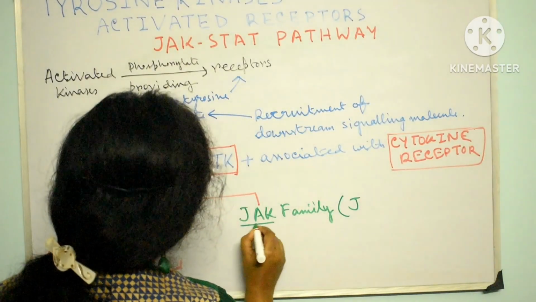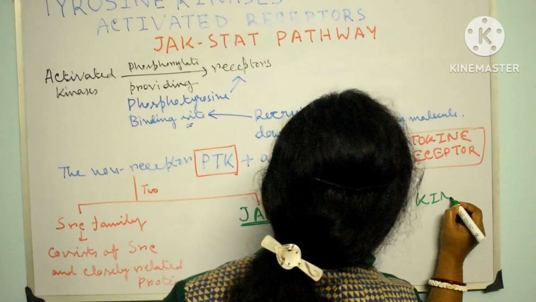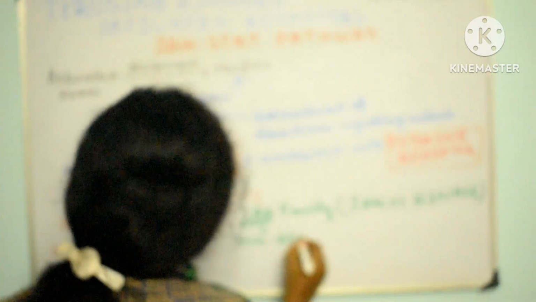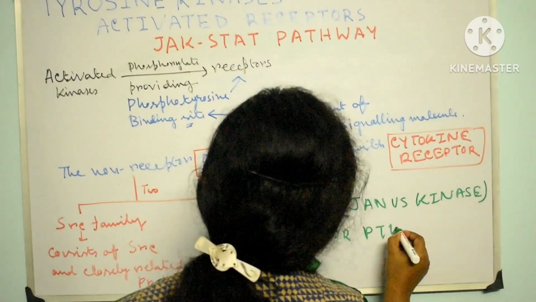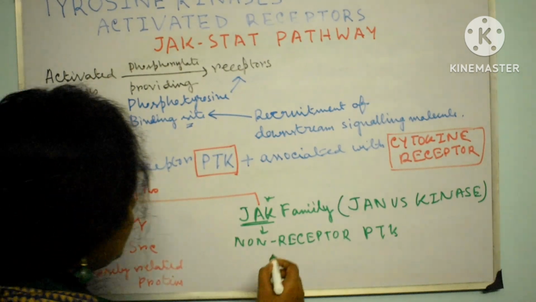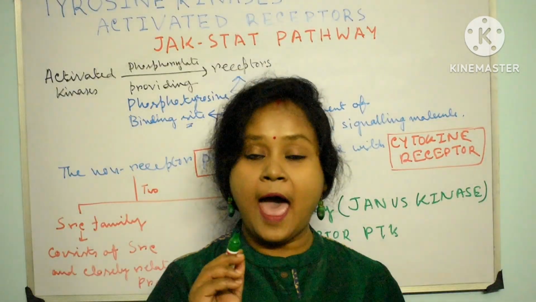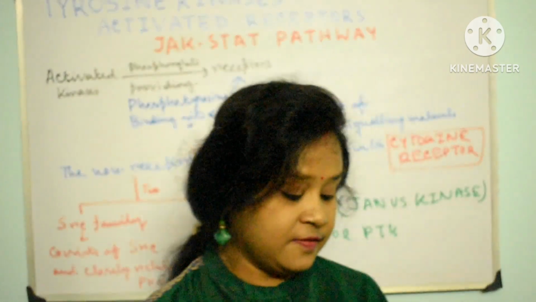The full form of Jak is Janus kinase, a non-receptor protein tyrosine kinase. This is our point of interest. Members of the Jak family appear to be universally required for signaling from cytokine receptors.